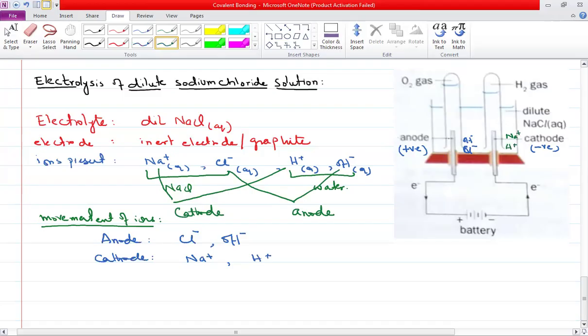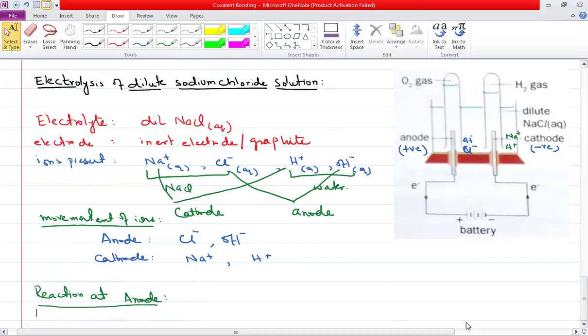But out of these four ions, only one ion will be selected at each electrode. Whenever chloride and hydroxide ion reach their respective electrode, the reaction will occur. Reaction at anode.